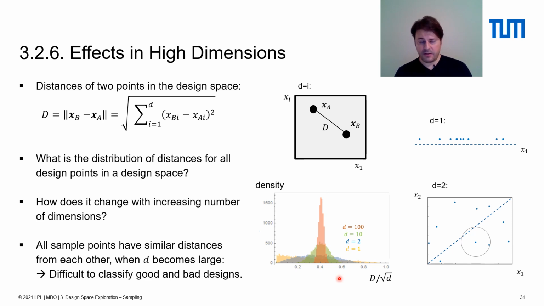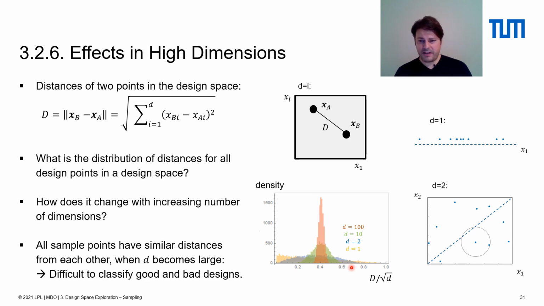And in the limit for the number of dimensions going to infinity, you will essentially have only one distance between 2 randomly chosen pairs. Or in other words, small distances between pairs will be extremely unlikely, whereas most points will have the distance right at the peak.